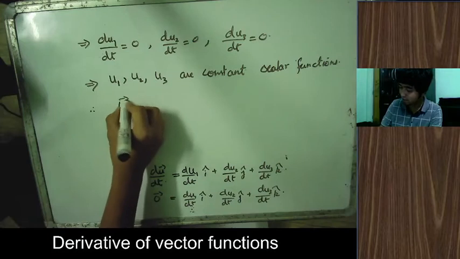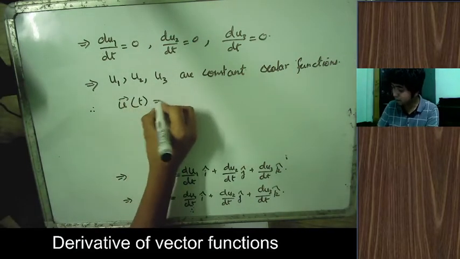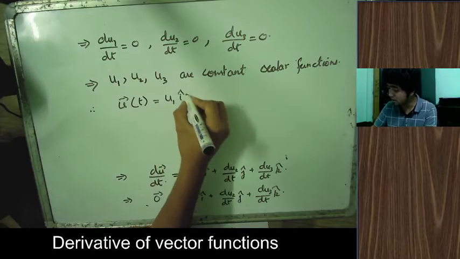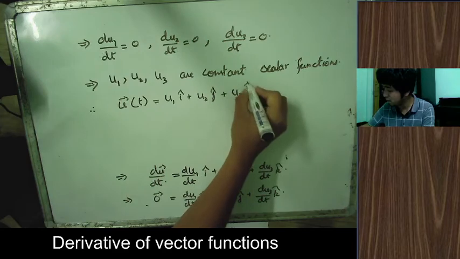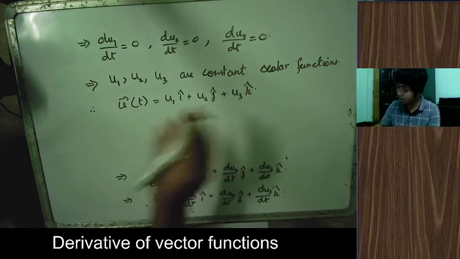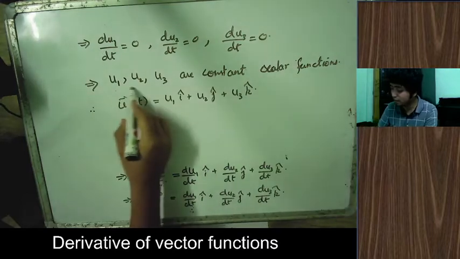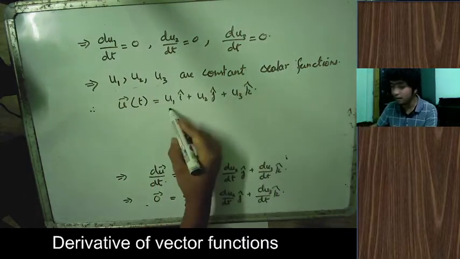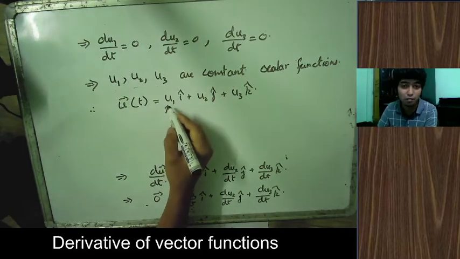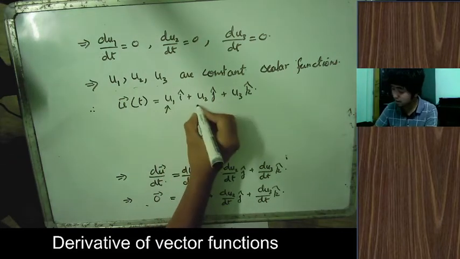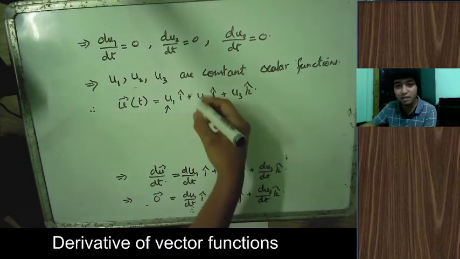Therefore u bar is written like this. What we mean to say is, if u1, u2, u3 are constant, this vector will also be constant, because u1 will no longer depend on t, u2 will no longer depend on t because it is constant, and u3 is also constant.